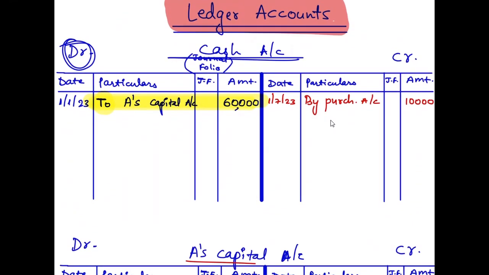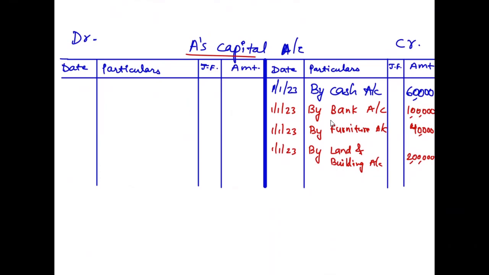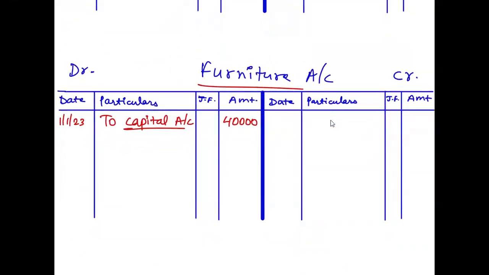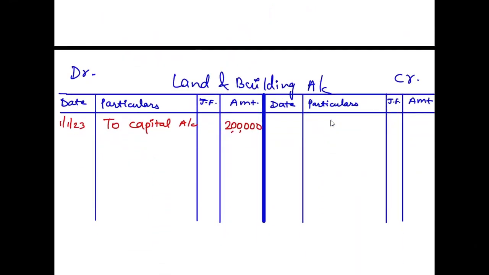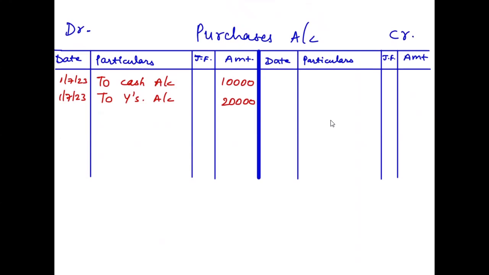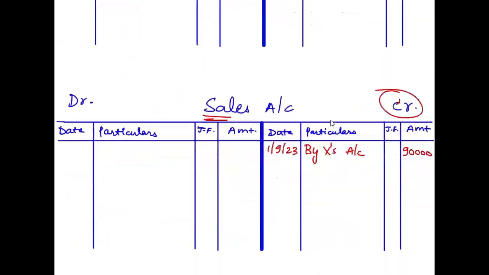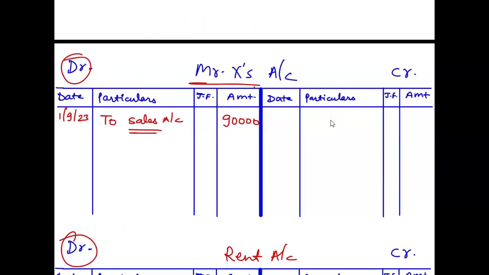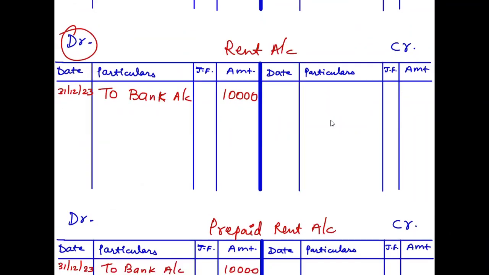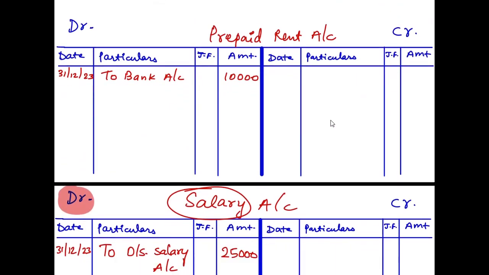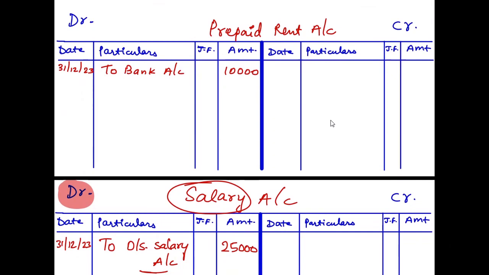Cash account, then we have capital account, then bank account, then furniture account, then land and building account, then purchases account, Mr. Y's account, sales account, Mr. X account, rent account, prepaid rent account, salary account, outstanding salary account. That was the last.